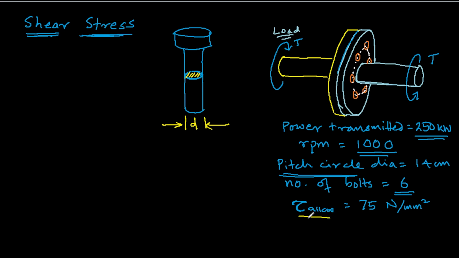So tau max, the maximum shear stress, times the area of one bolt, which is pi d square over 4, is the force which is taken by one of the bolts.